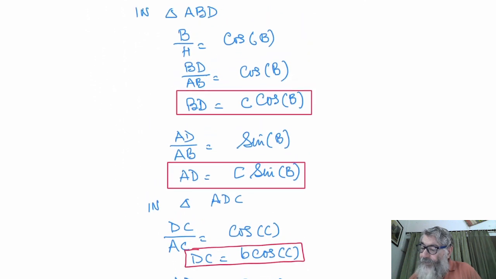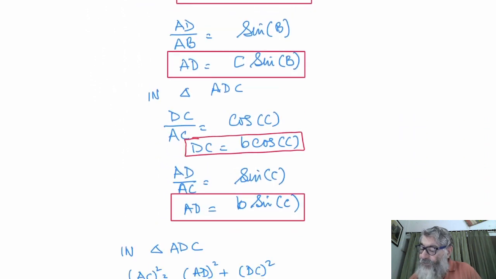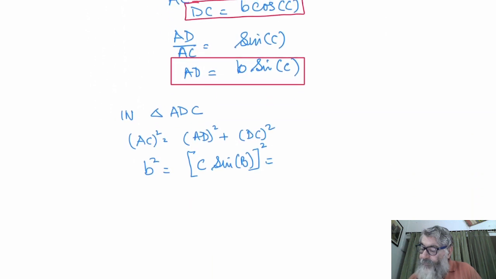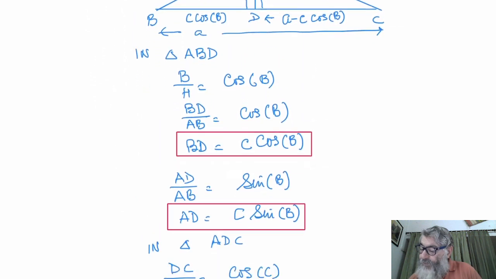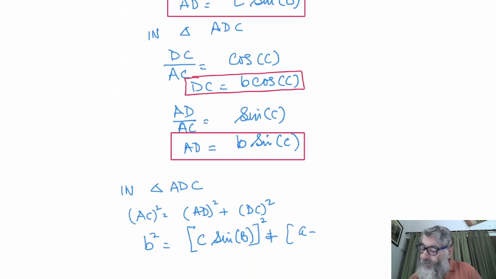And we are taking this as A minus C cos B, whole square.